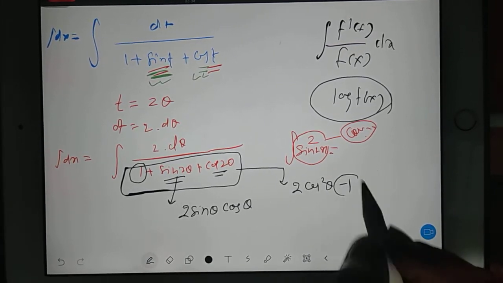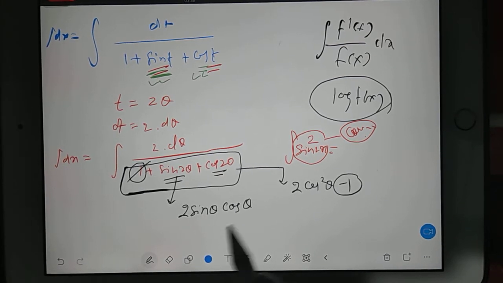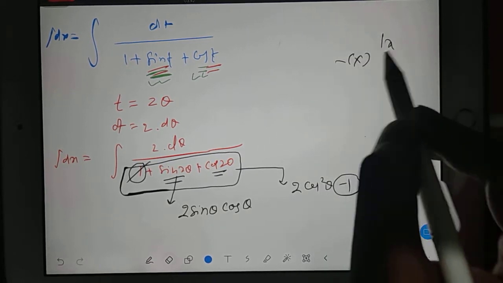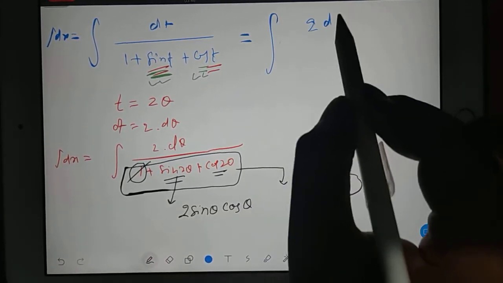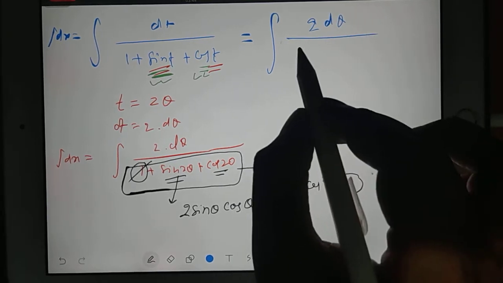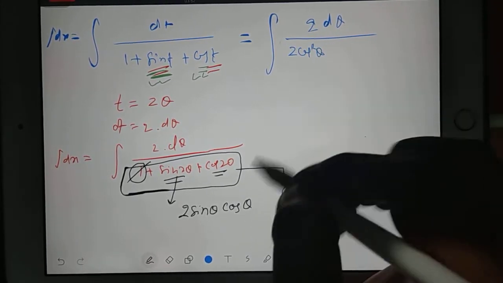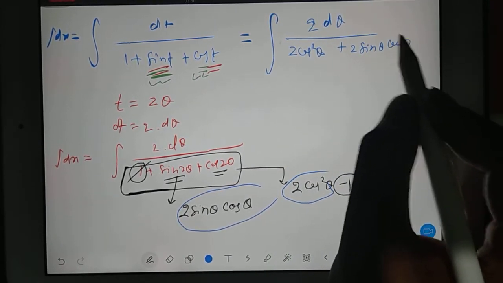So this 1 and this 1 will get cancelled. I'm simply saying to replace the values. So I'll be landing on another easy equation, which will look like integration 2 d theta whole divided by 2 cos square theta, which will be remaining. So 2 cos square theta you write as it is, and this guy will be remaining, plus 2 sine theta cos theta will be as it is.